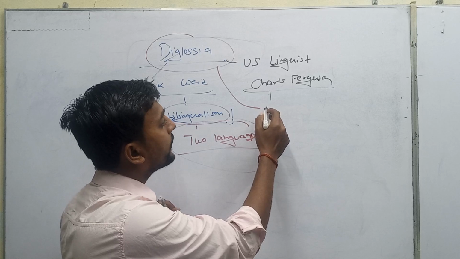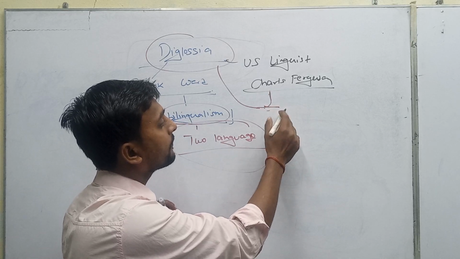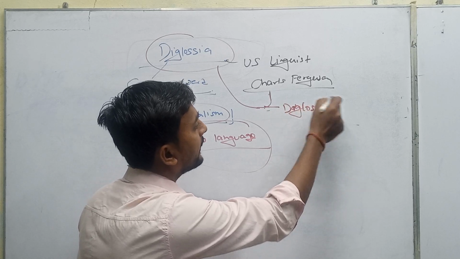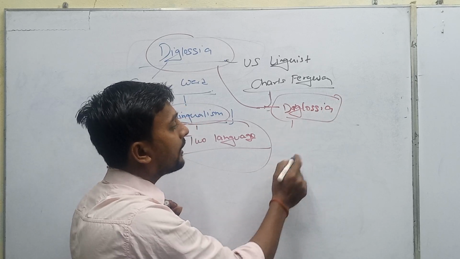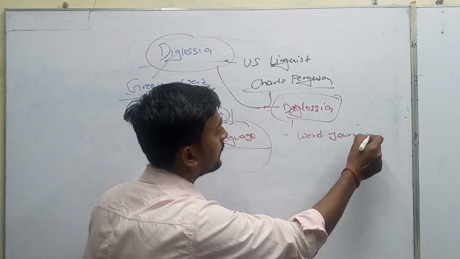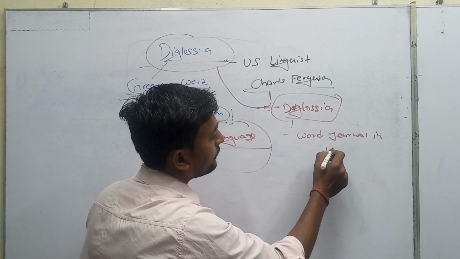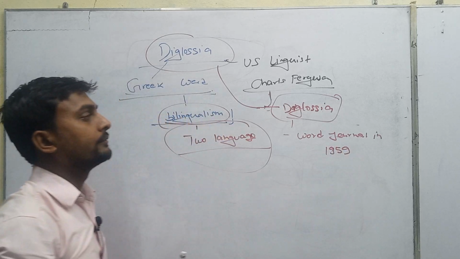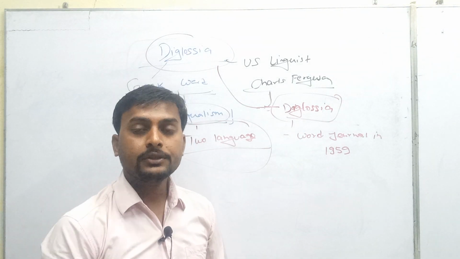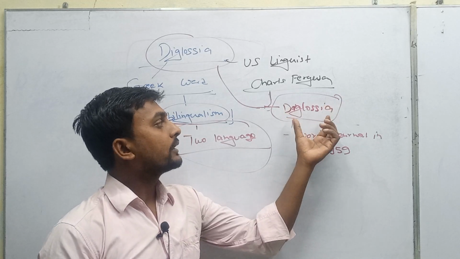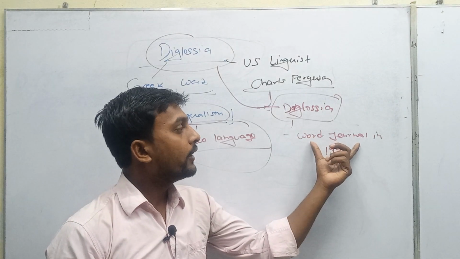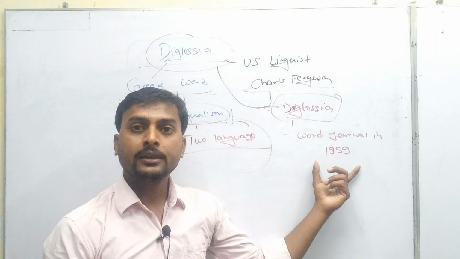His book was also titled Diglossia, and it first appeared in Word Journal in 1959. So the term diglossia was coined by Charles Ferguson in his book Diglossia, published in Word Journal in 1959.